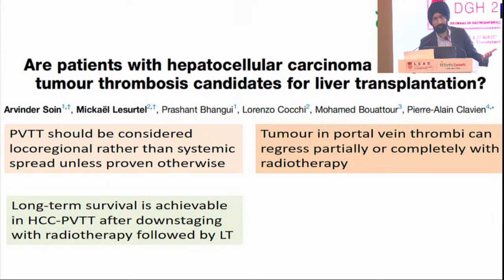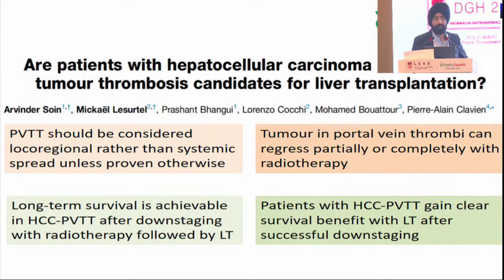Then we have shown at our own center, in a published study to which we have since added many more patients, that long-term survival is achievable in HCC-PVTT after downstaging radiotherapy followed by liver transplantation. And if you are among the increasing population of transplant physicians who believe that transplant benefit is important, in both HCC and non-HCC situations, then there is a clear transplant benefit of transplanting these patients compared to the next best option.